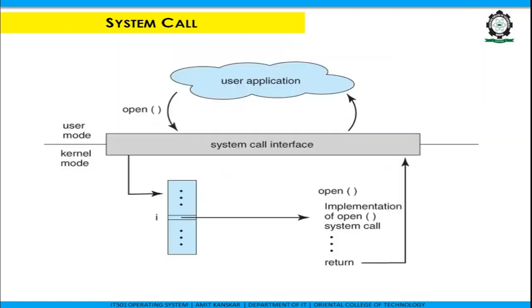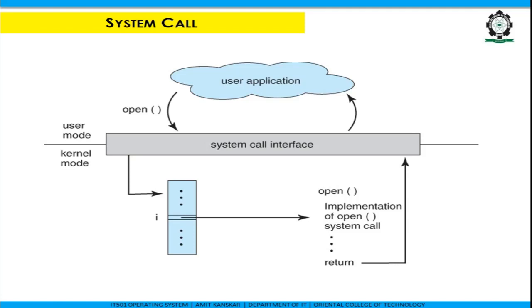The use of APIs instead of direct system calls provides for greater program portability between different systems. The API then makes the appropriate system calls through the system call interface, using a table lookup to access a specific numbered system call, as shown in the figure.